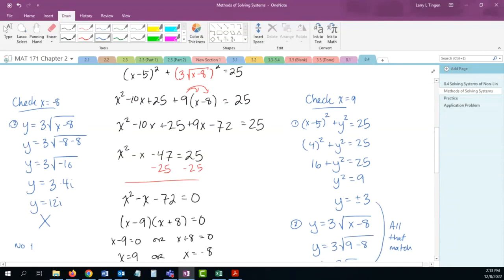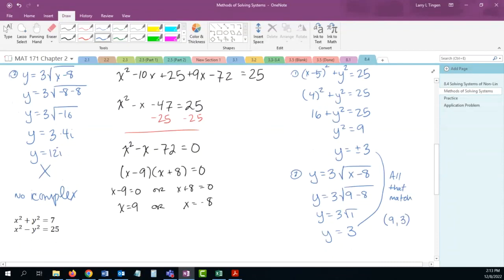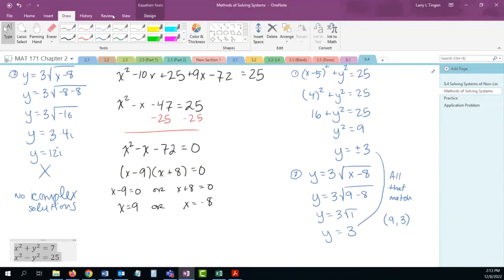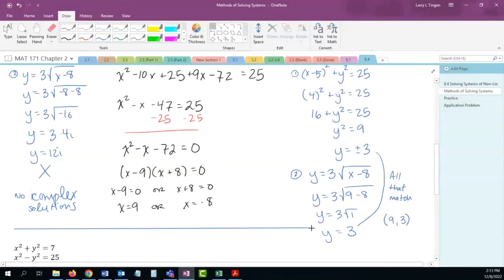Okay? No complex solutions. We're not interested in complex solutions in this section. So once one of your possible answers causes you to end up with complex solutions, you know that that value of x, in this case negative 8, is not going to lead you to an answer.